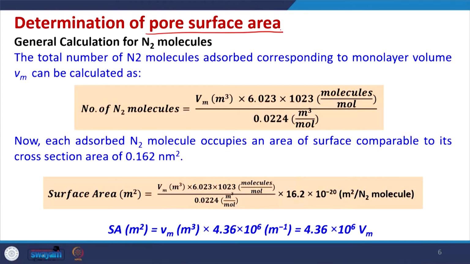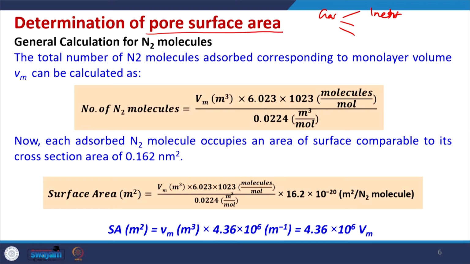Now, for determining the adsorbent property like pore surface area, the first thing is why we use any gas, and which gas is preferred. There are a few options. For determining surface area, we should select a gas with some properties. One is that it should be inert, so that no chemical reaction occurs and it does not react with the adsorbent.